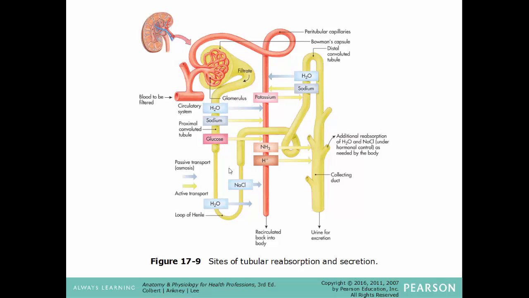So what the countercurrent system actually is, in a very general way, is that what gets pumped out on this side of the loop affects this side of the loop. So what gets pumped out and reabsorbed here affects this side. It's also called the countercurrent multiplier. Each side of the nephron loop is affecting the other. So what goes on here has an impact on this side. What goes on this side has an effect on this side, and vice versa.